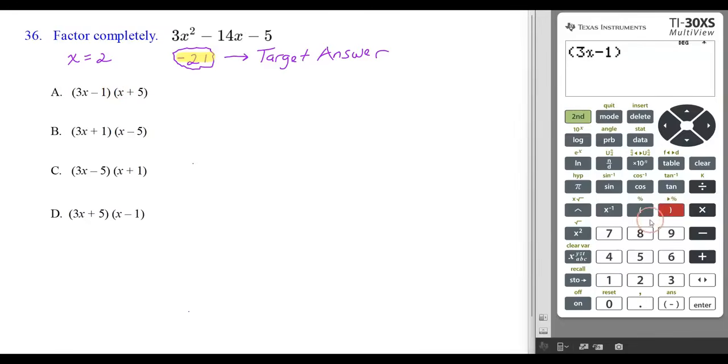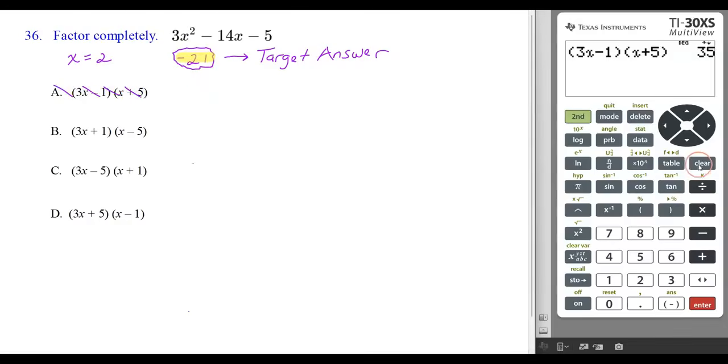Then open parenthesis, x plus 5, close your parenthesis. Hit enter. We're looking for a target answer of negative 21 on the calculator. This came out to be 35. It doesn't match up with the negative 21. So A is gone because this gave us that 35, right? We want negative 21.